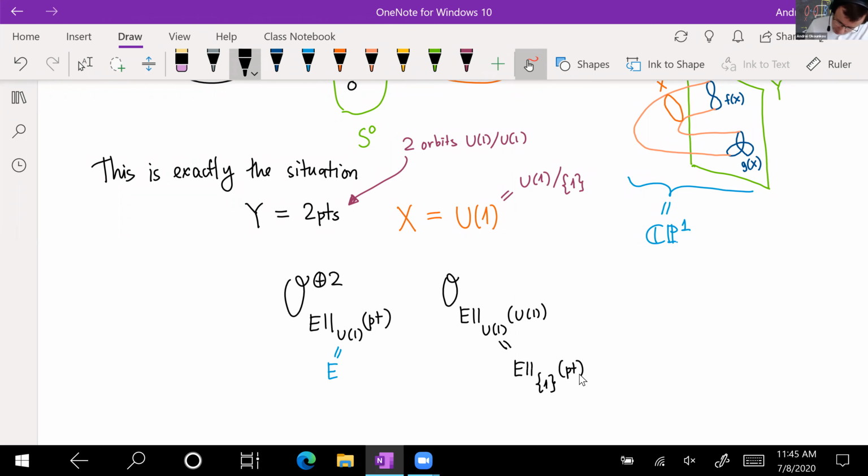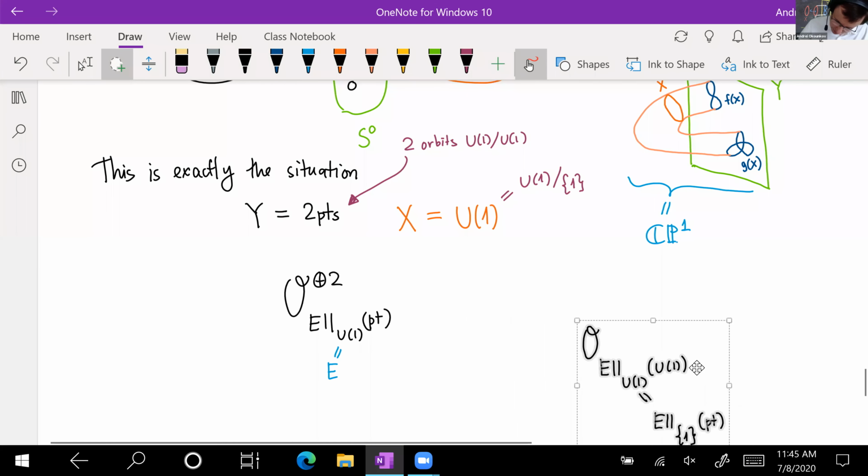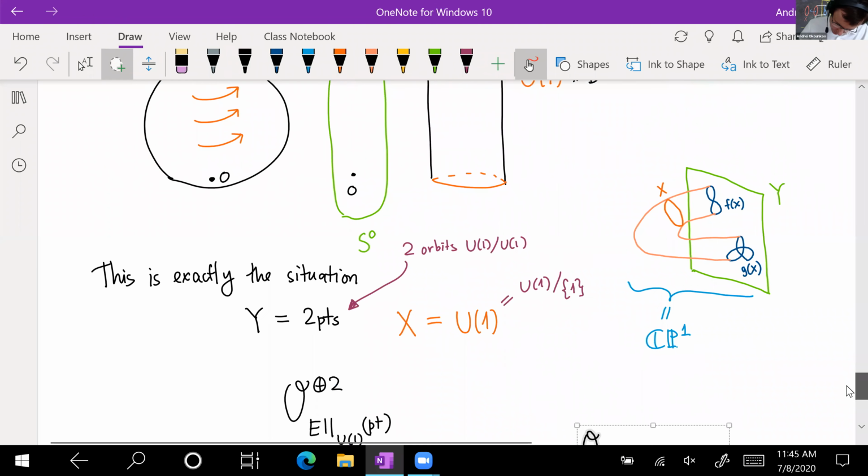And that is just the structure sheaf. So what corresponds to a map of a trivial subgroup? Maybe I'll write the answer and then I'll write the explanation.